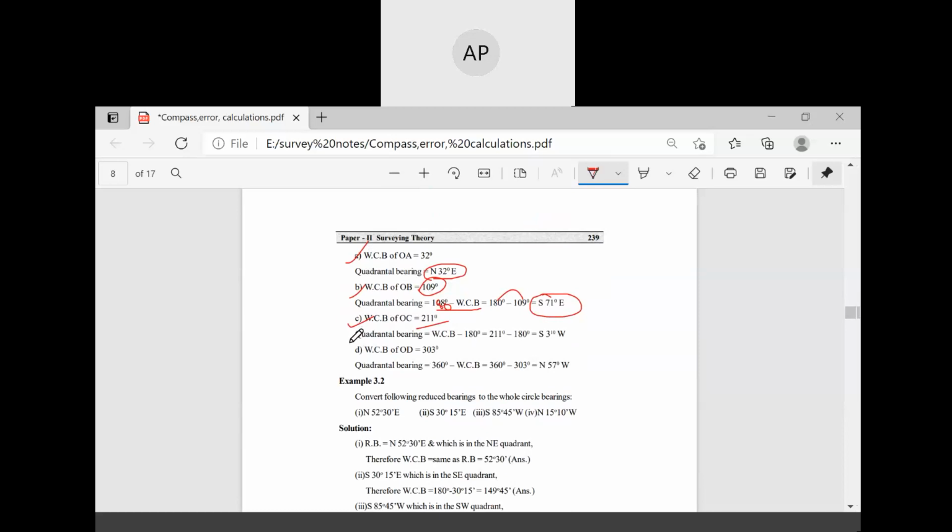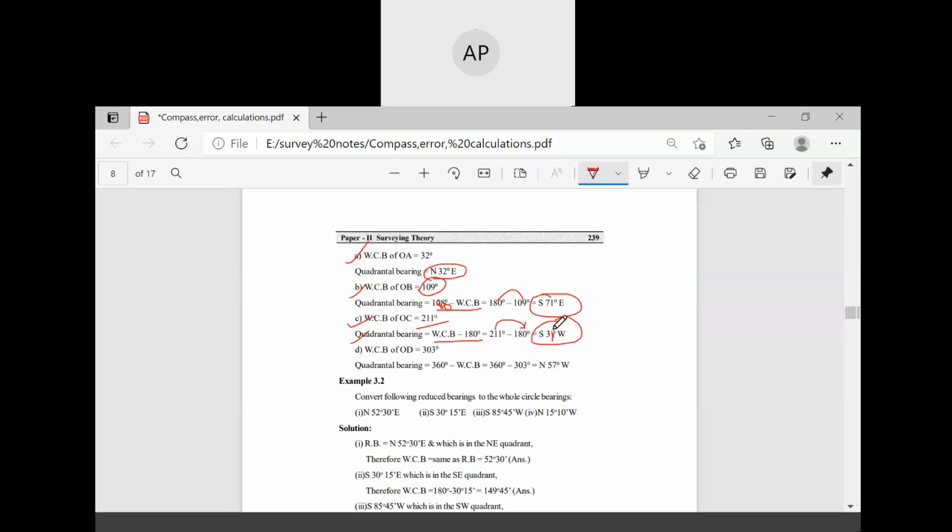We have to convert like quadrantal bearing equals whole circle bearing minus 180 degrees. The angle is 211 minus 180, which is 31 degrees.